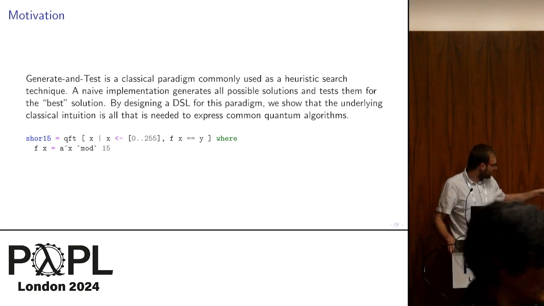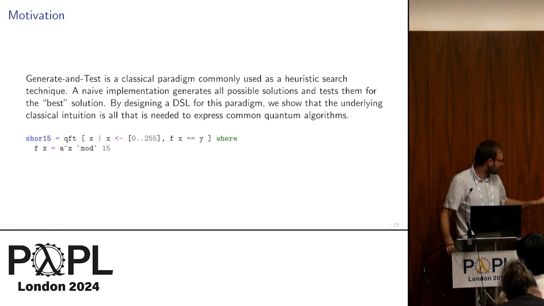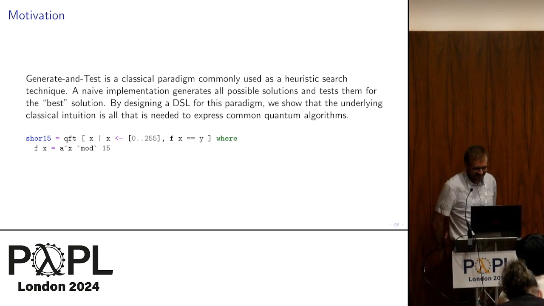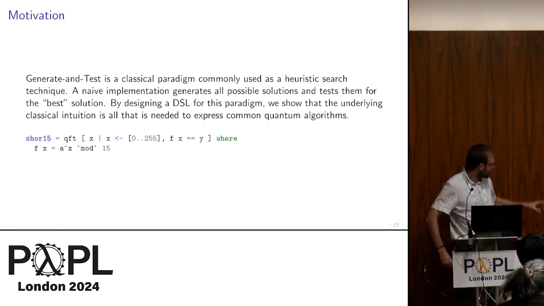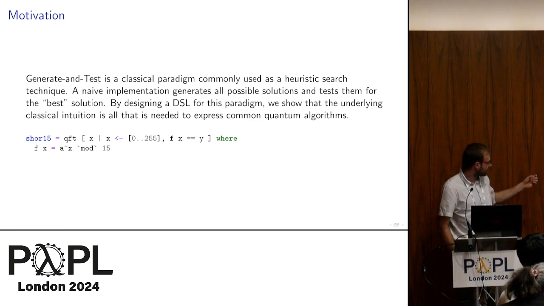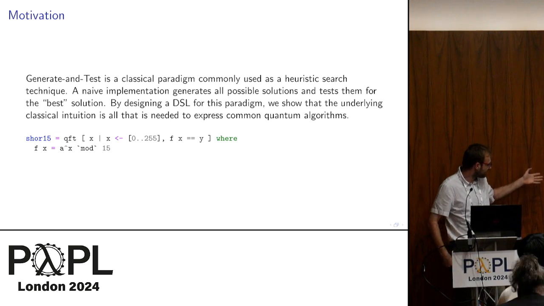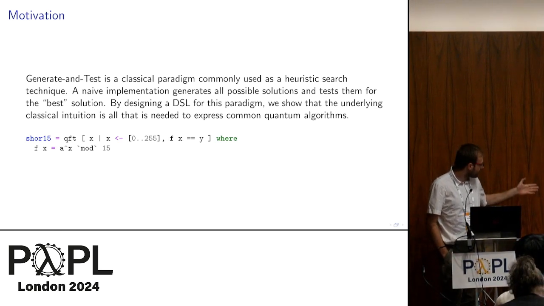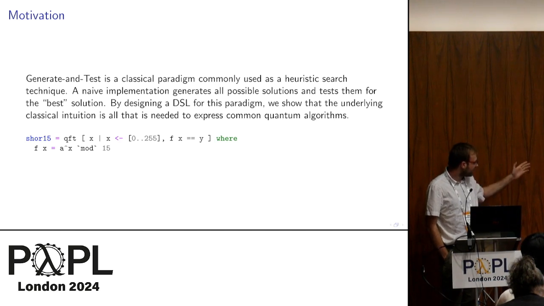So the snippet here is not in the DSL. That's just pseudocode or Haskell to kind of show the idea here. So this is roughly implementing Shor's algorithm to factor the number 15.